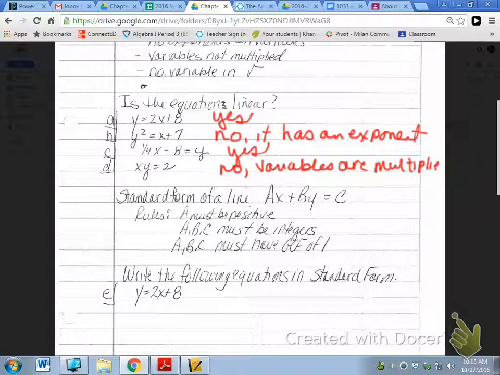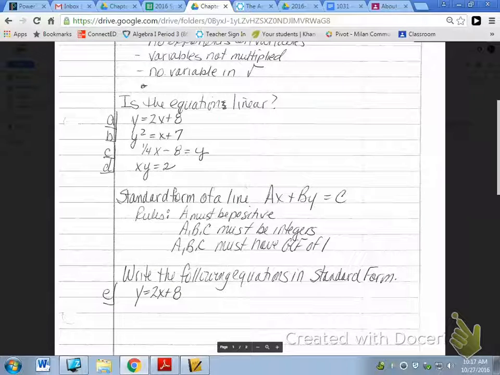So those are kind of the rules that qualify something as linear. Now, we need to talk about the standard form of a line. Has everybody got the red written down? All right, I'm going to scroll down here.